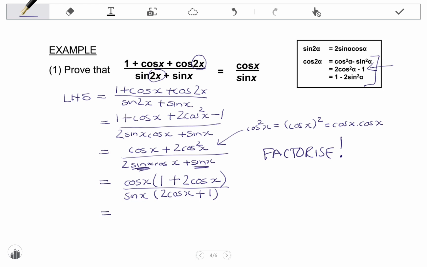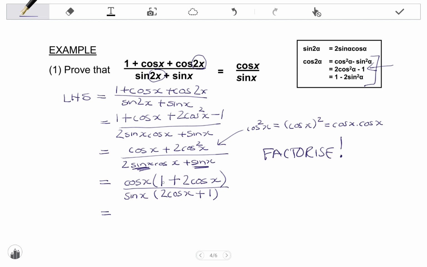Okay, now I have one term in the numerator and one term in the denominator, so I can cancel any common factors. Now, if we look at the brackets, they are not identical, but they have the same value. The only difference is that the terms are in a different order, but the order of terms doesn't matter, as long as I take the sign in front of the term with it.